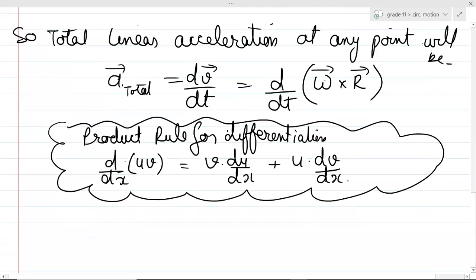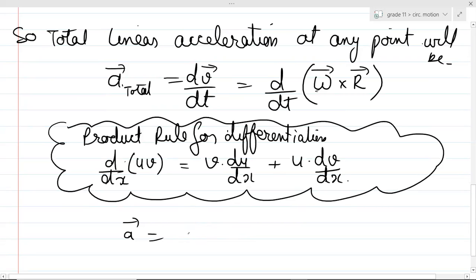So anyways, omega and r will do the same thing. First, omega as it is. So we'll write a is basically equal to d of omega cross r. It should be written in order because it's a vector form.